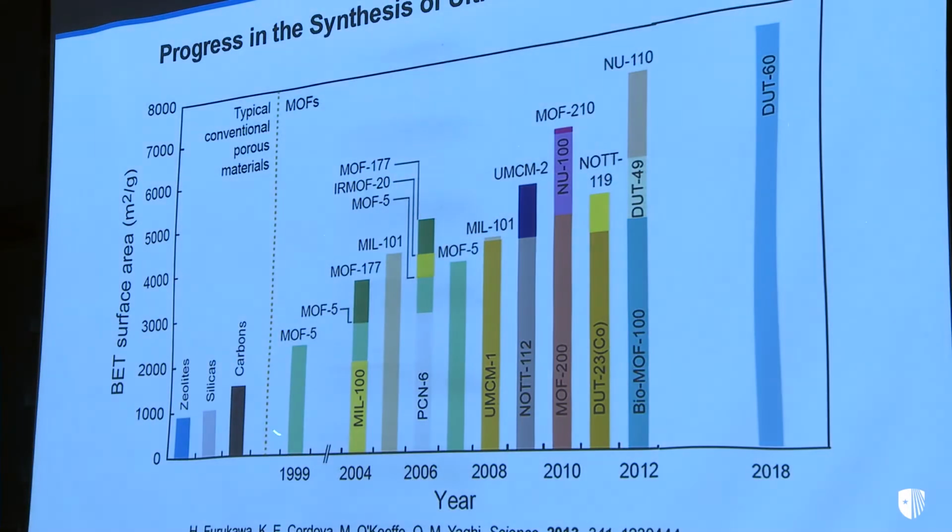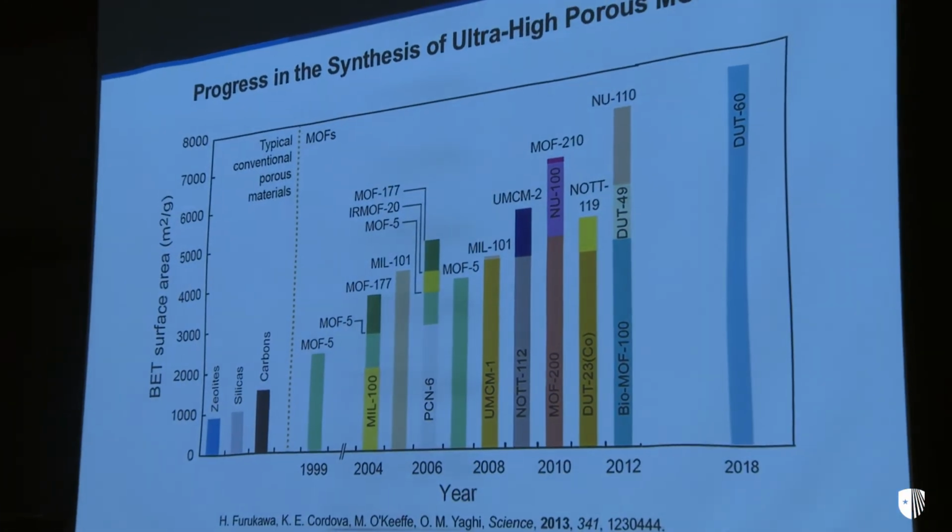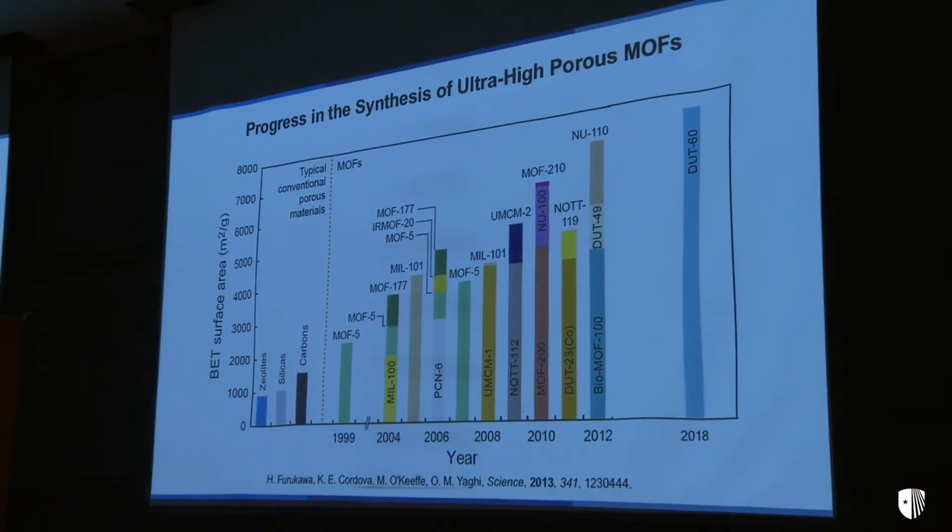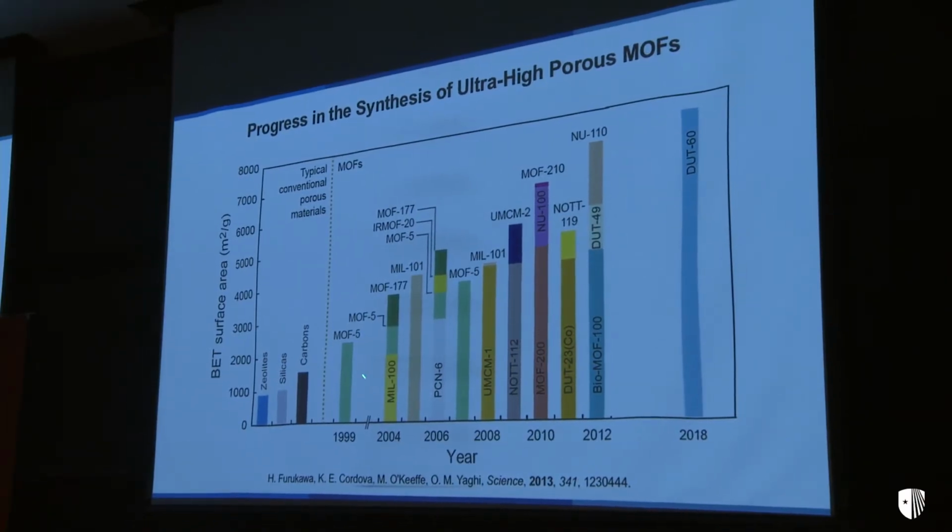So over the years, we and others have been, let's say, competing for high surface area. And here's Moth 5. In the original report, it exceeded the traditional materials. The French came in, and they couldn't beat us. We reactivated Moth 5.